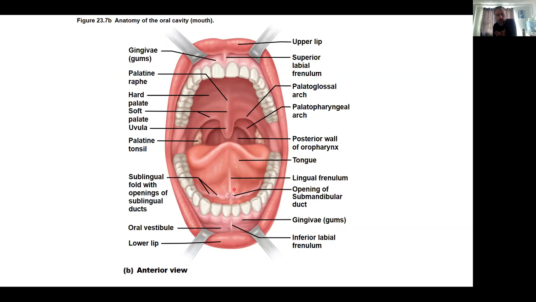Within the oral cavity proper, we have another thing here kind of similar to that. We have a frenulum here for the tongue, so the lingual here meaning of the tongue, lingual frenulum. Okay, and just below that, we can start to see some of the openings here to some of, but not all of, the salivary ducts.